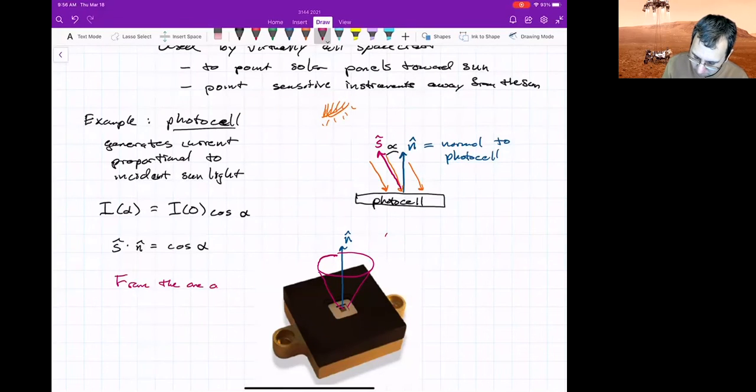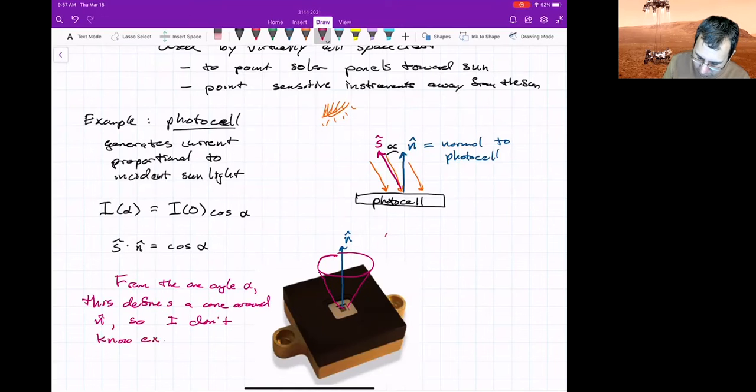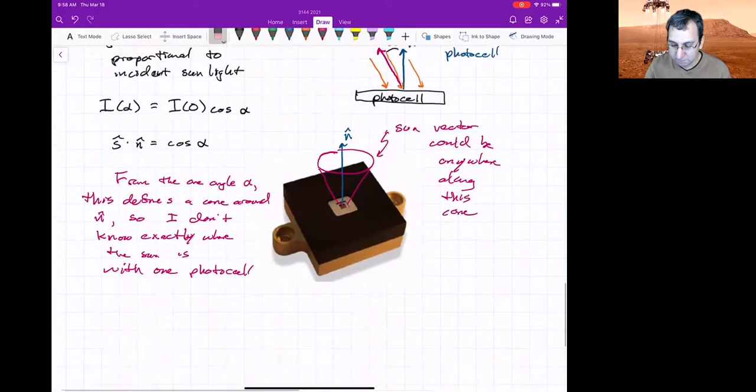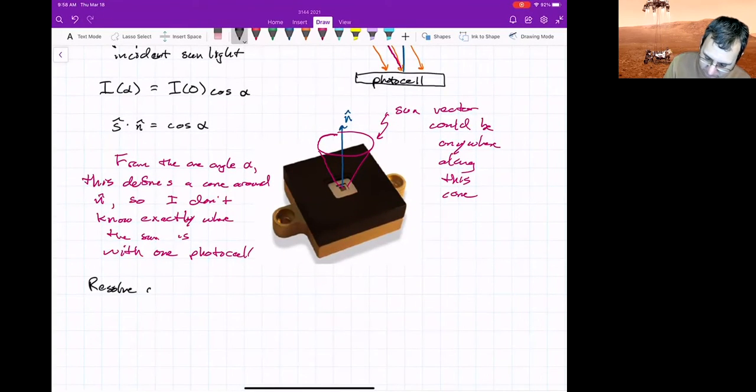So from the one angle, alpha, this defines a cone around n hat. So I don't know exactly where the sun is. And this is the key thing. With one photocell, the sun vector could be anywhere along this cone. The way that you resolve the actual sun direction is you have multiple photocells, oriented in different directions.